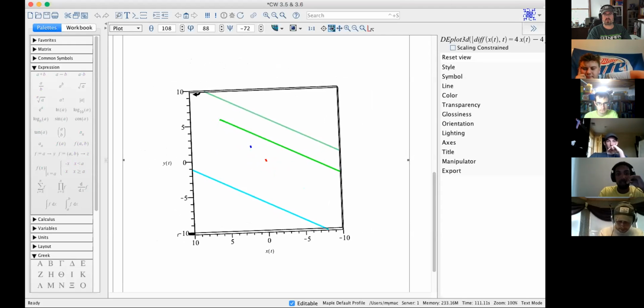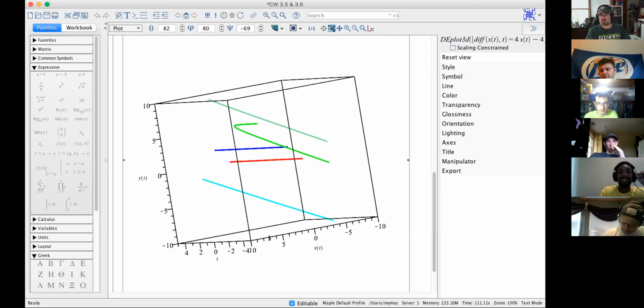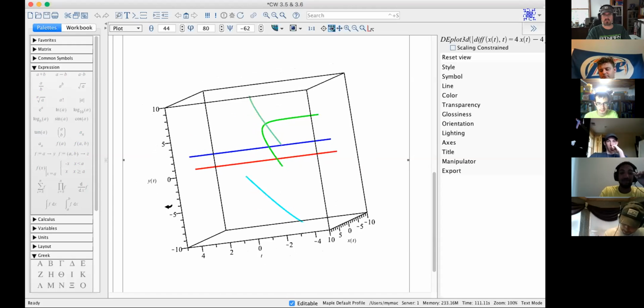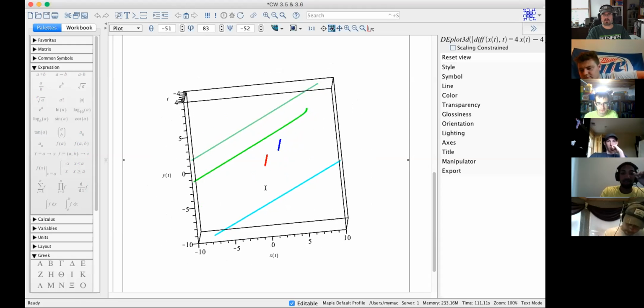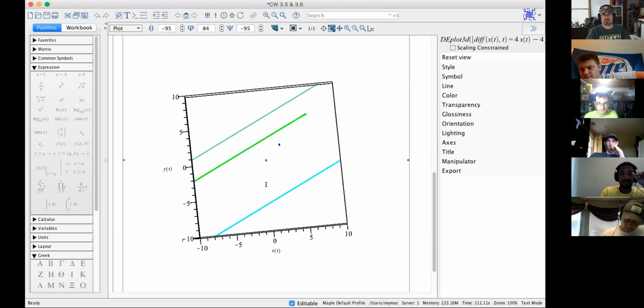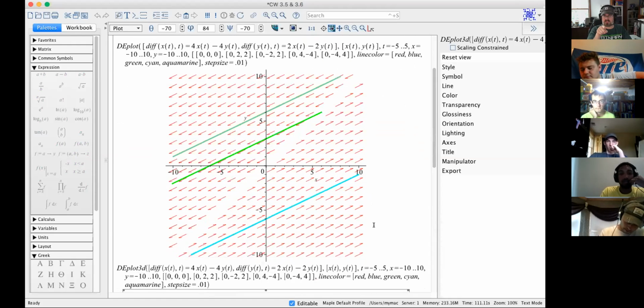It's a little bit backwards because the X is going negative to positive this way, but if you rotate it, spin it around the other way, that is basically a copy of this right there. That's the phase plane that we're looking at.